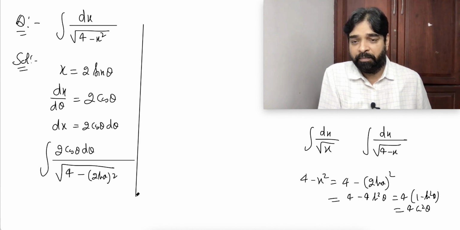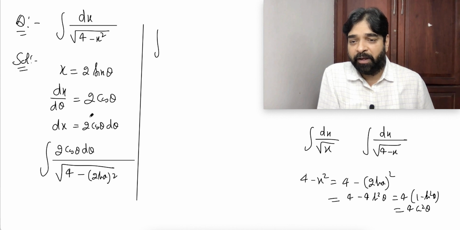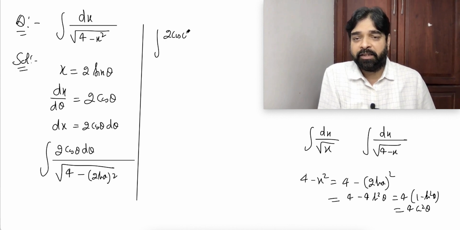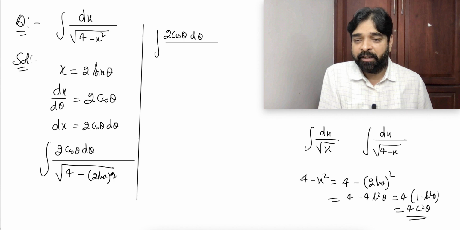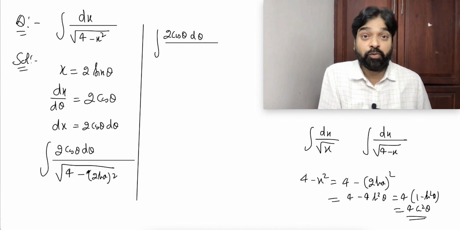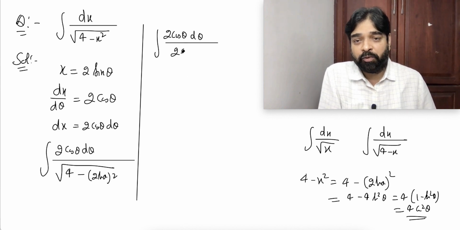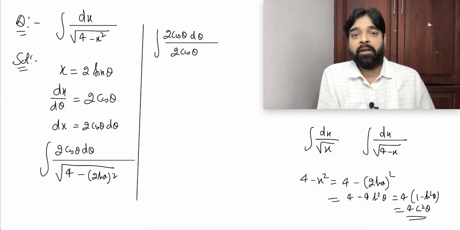So what is going to come? I put the dx value as 2 cos theta d theta. So this will become 2 cos theta divided by root of 4 cos square theta, which is root of (2 cos theta) the whole square. So it will become 2 cos theta. Oh, so simple. Am I right?